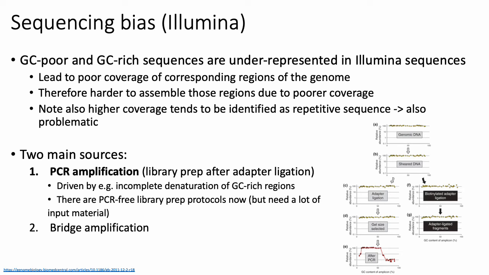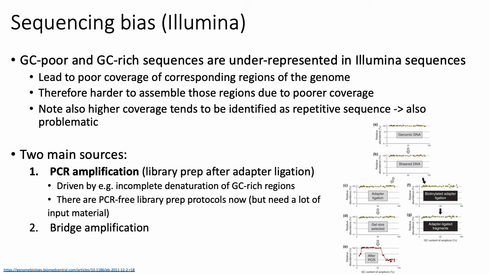The PCR amplification bias, at least in the case of the Illumina library prep protocol, is driven by incomplete denaturation of, for example, GC-rich regions. To fix this problem, there are, for example, PCR-free ways of doing the library prep now. But generally speaking, they need a lot of input DNA as compared to the protocols that use PCR, obviously. And so there isn't a perfect solution to this problem.